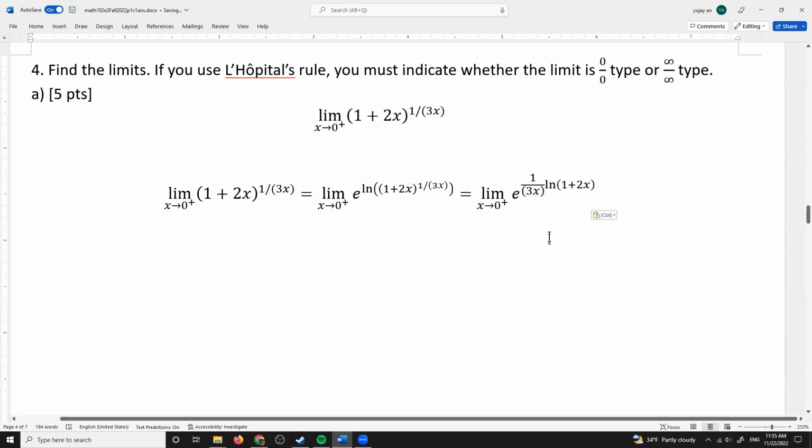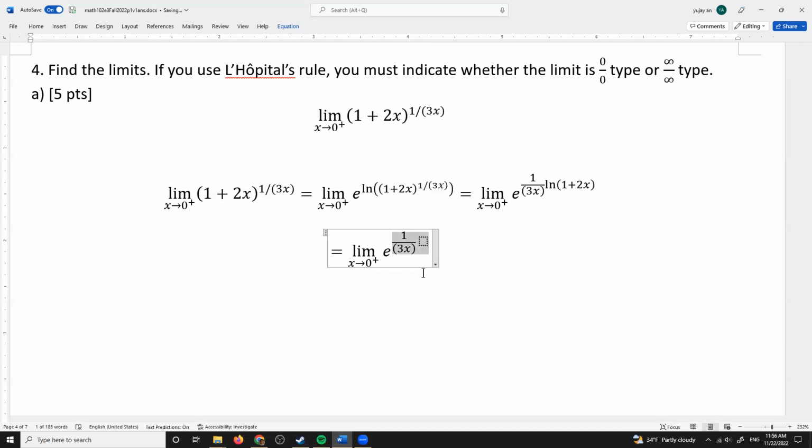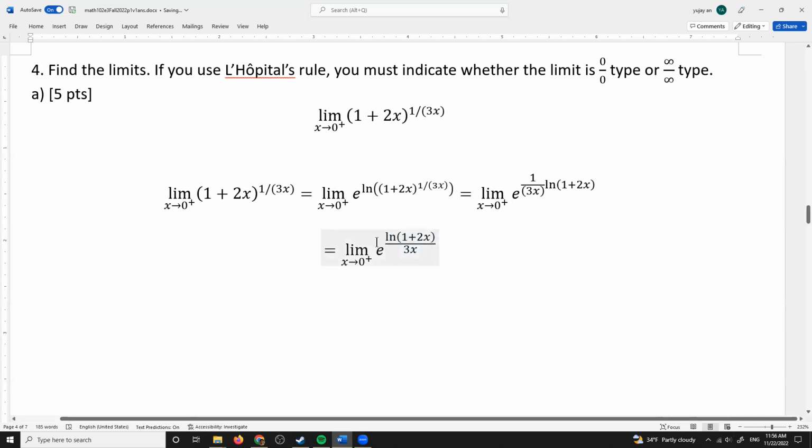Okay, and because if you multiply a non-fraction to a fraction, it gets multiplied to the top, this thing is the same thing as this, just the log being in the top. Ln of 1 plus 2x divided by 3x.